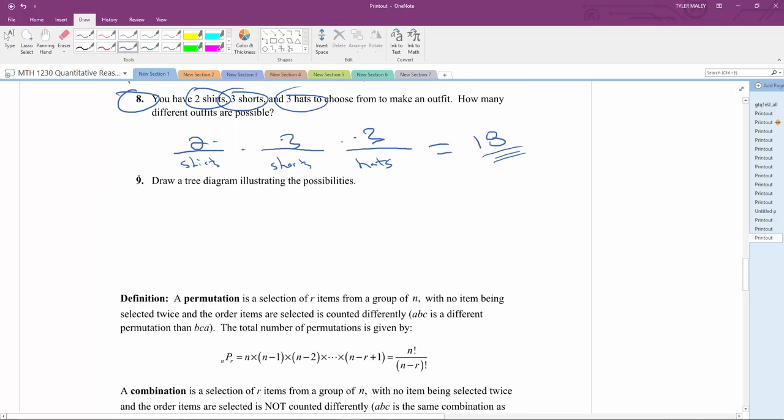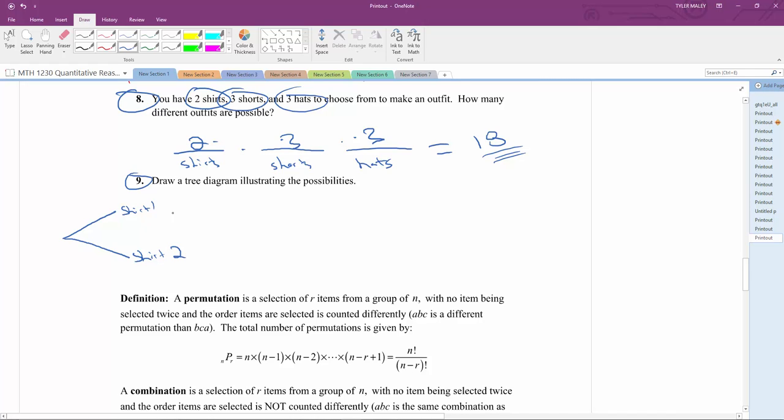So number 9 is drawing a tree diagram, and this helps illustrate why it makes sense for us to multiply. A tree diagram is a visual way to look at this. We have 2 possibilities for shirts, shirt 1 and shirt 2.